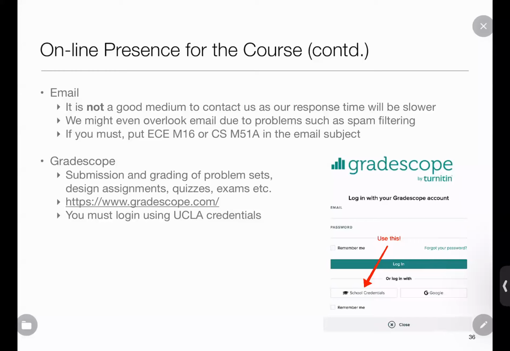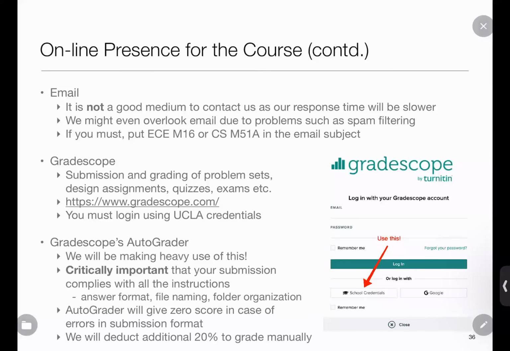Unfortunately, on Piazza, I have no way of adding any external user. If you go through Brewing Learn and go to the Piazza link there, you would get to the right Piazza. And Gradescope is the same story. For a variety of reasons, I will not entertain any private Gradescope accounts. It has to be your official one.